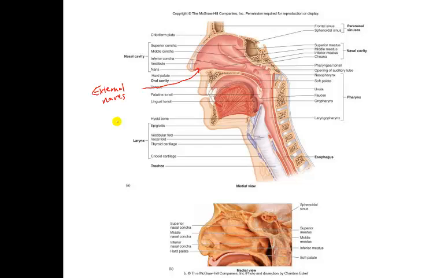Nares, as you may have noticed, are lined by hairs, and you can probably guess what the function of those hairs is. It's essentially a filter, helps prevent particles from getting into the respiratory tract. From there, the air enters into what we call the nasal cavity.